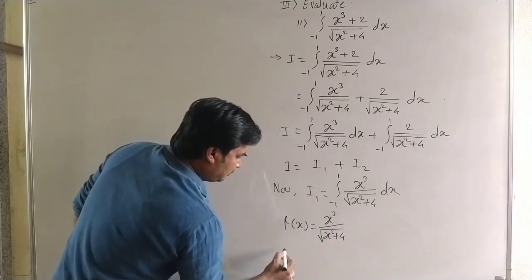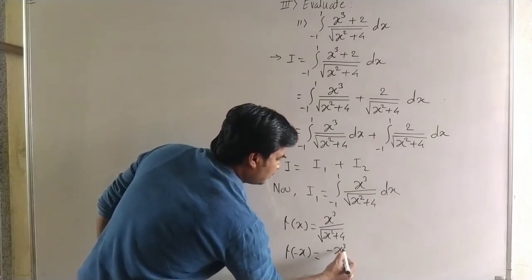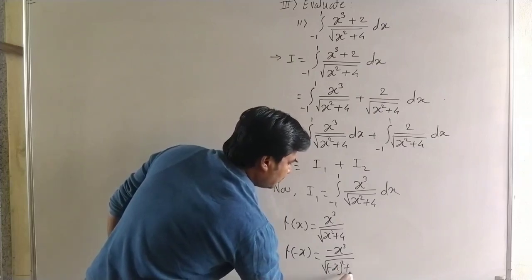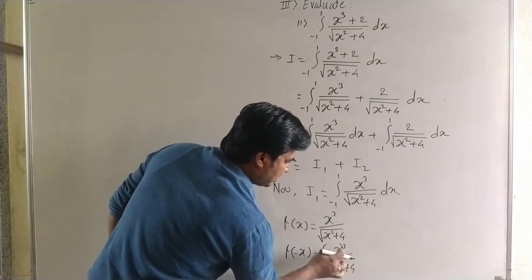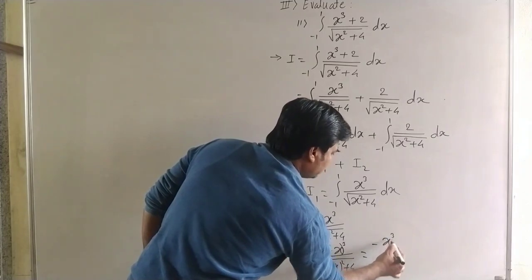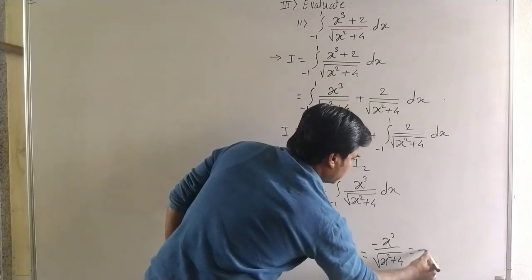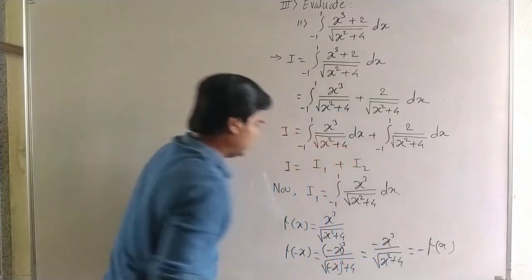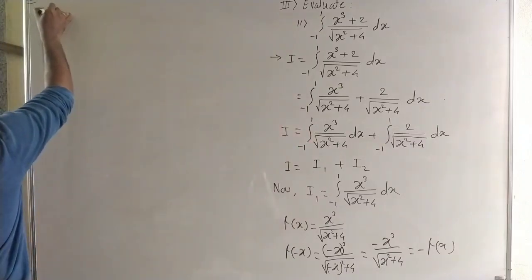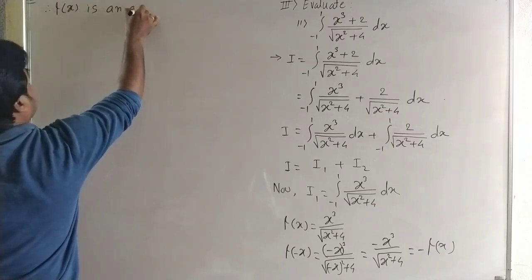Okay, now we find f of minus x. f of minus x is equal to minus x cube upon under root of (minus x) square plus 4, and therefore it is minus x cube upon under root of x square plus 4, and it is minus f of x. That means this f of x is an odd function.